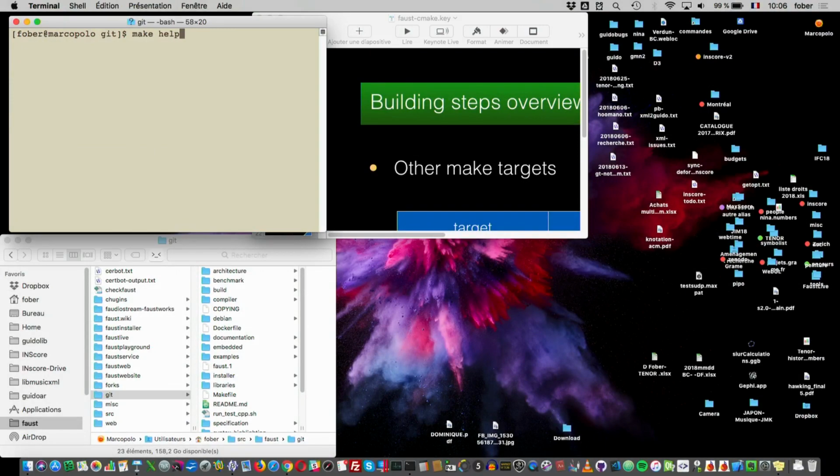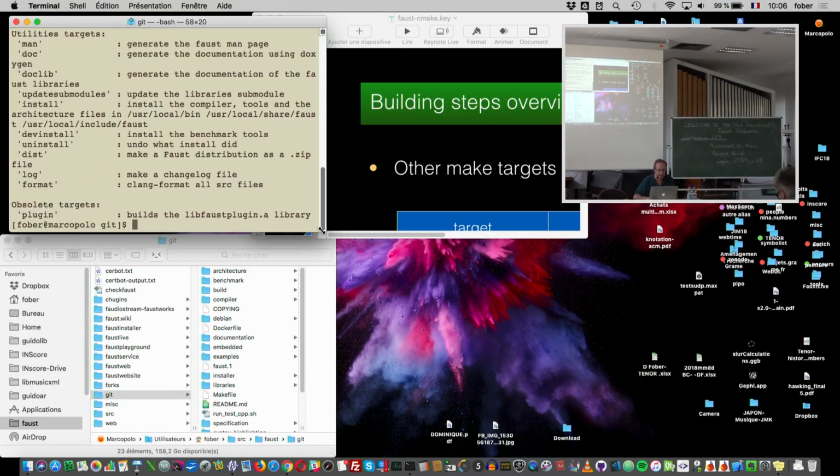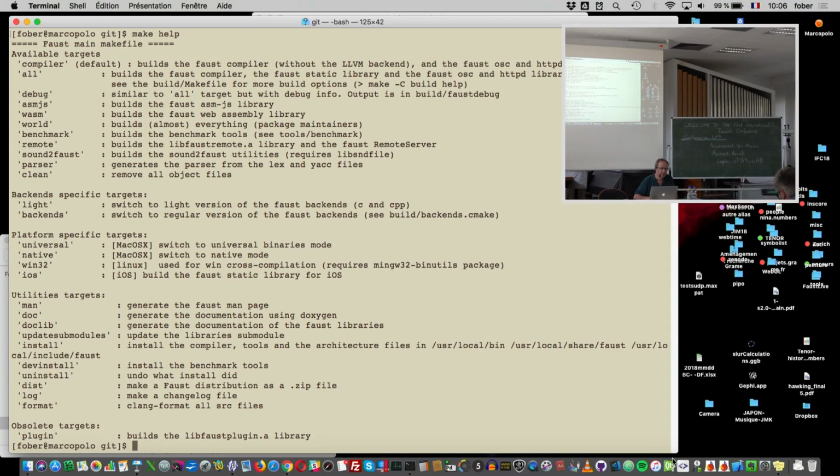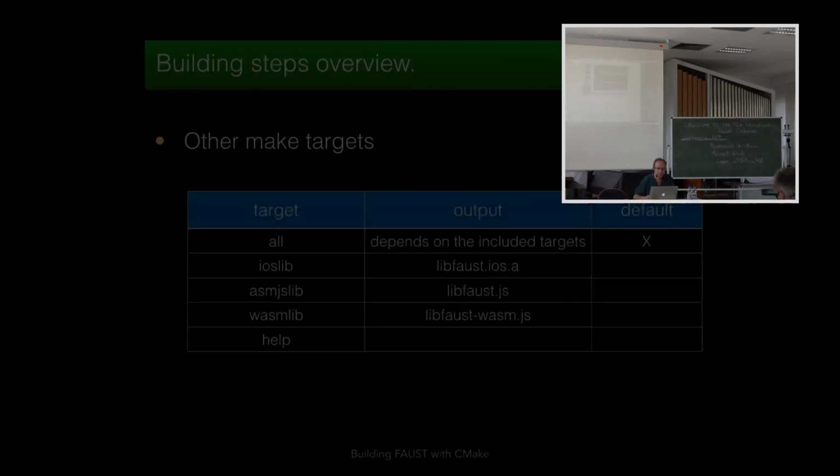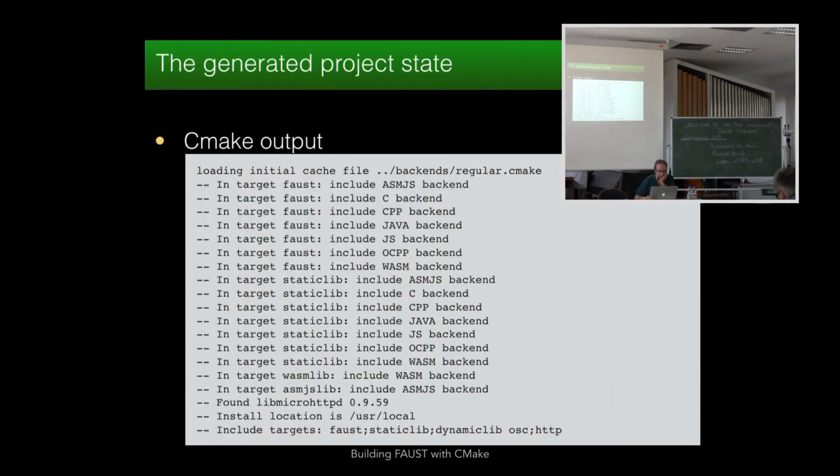Okay, I'll just show you the output of help, and it's recommended if you have any doubt, just type make help, and you will get access to all the possibilities of the makefile.